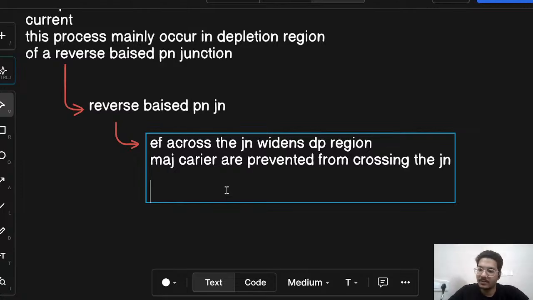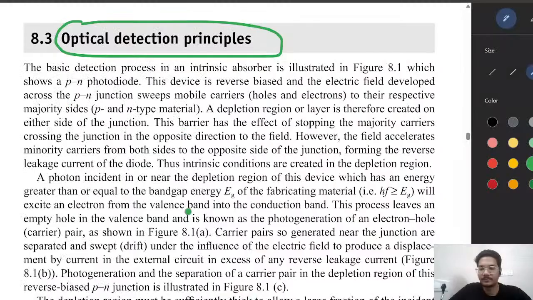The second one is photon absorption and carrier generation. A photon incident on the depletion region will be absorbed. Optical detection in a photodiode is based on converting the incident photon into an electron-hole pair, creating a measurable electric current, mainly in the depletion region of the reverse bias.